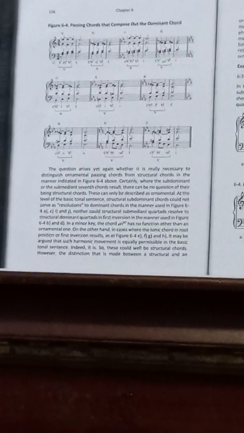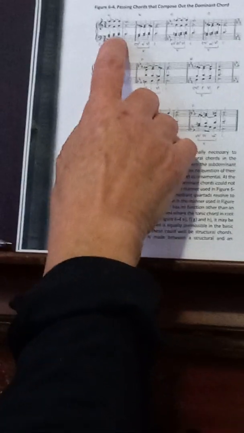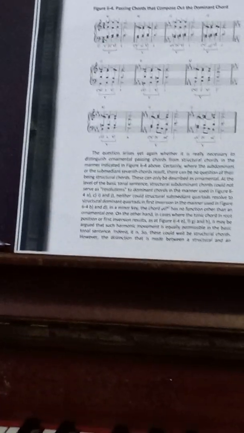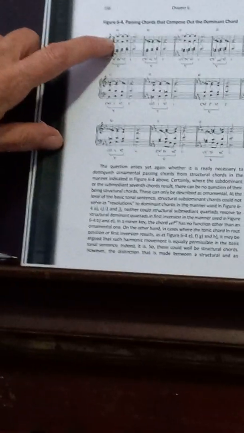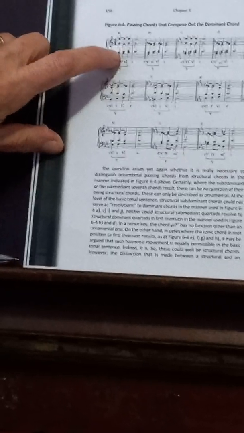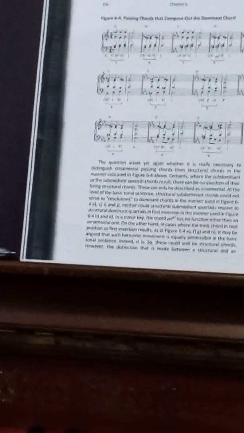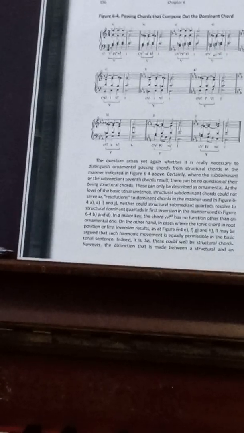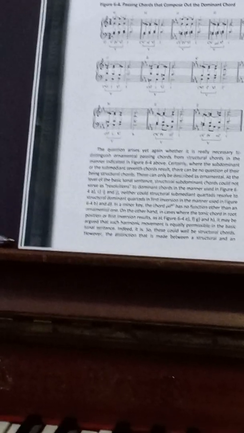And then to support that idea, you have double passing notes. Sol, la, ti goes with ti, do, re, and then you double the root of the dominant over there, and you go so, and then you support the subdominant chord there with another F, and you go back. Okay, that's the one option.